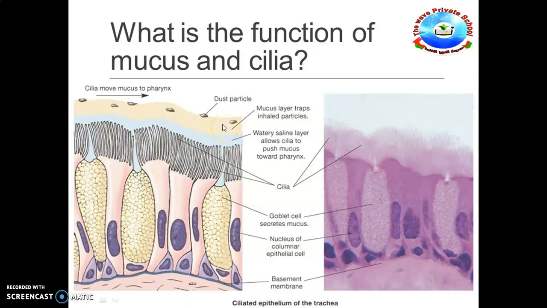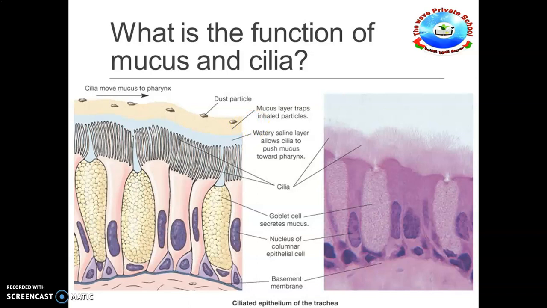The air which is entering into the lungs should be moistened by the epithelial cells. Why should it be moistened? Because the dust particles present in the air which we have breathed should be stopped outside itself. This is the mucus layer that traps inhaled particles.